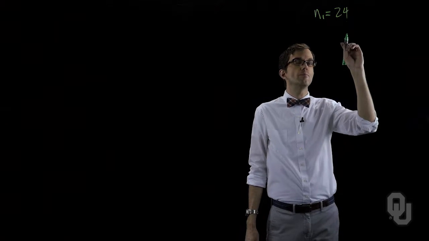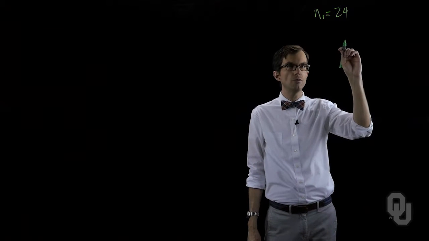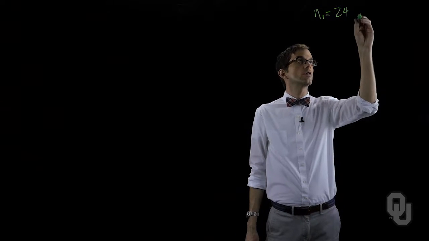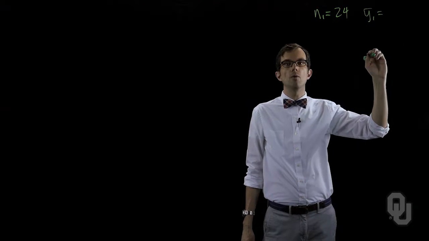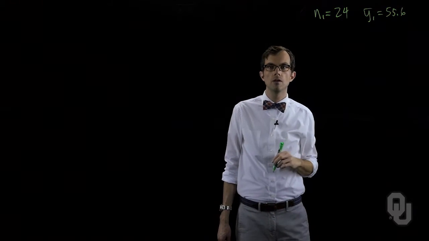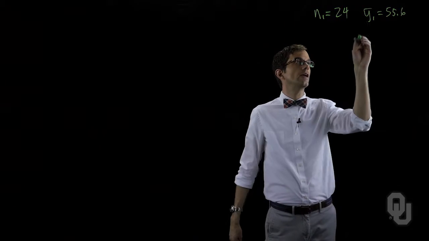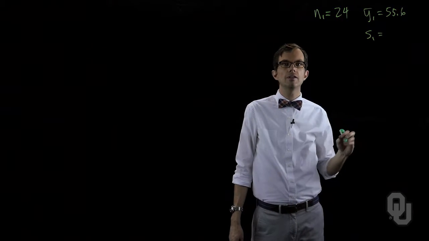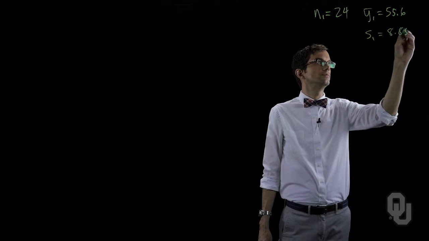Okay, so let's first talk about the sample that we collected. We collected a sample from Machine A, we're going to call that population 1. We collected a sample of size 24. The mean time between repairs for Machine 1 from that sample of 24 was Y1 bar, which is 55.6 days, and the standard deviation in days was 8.85.